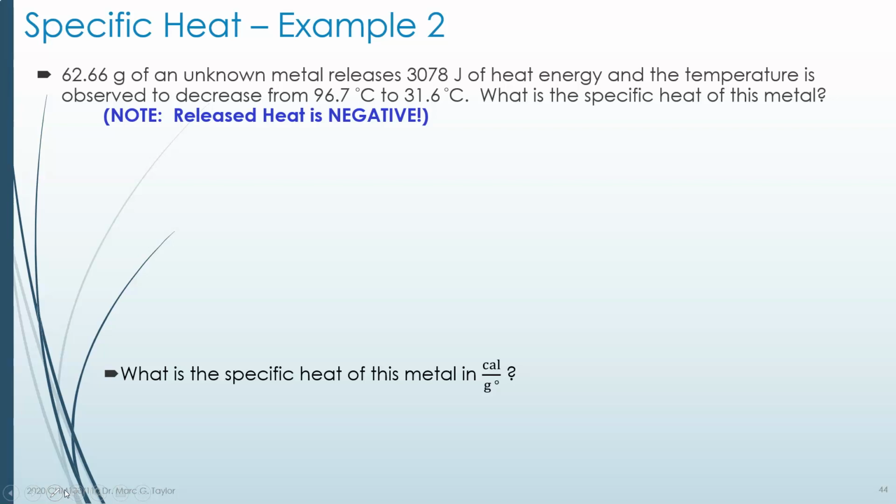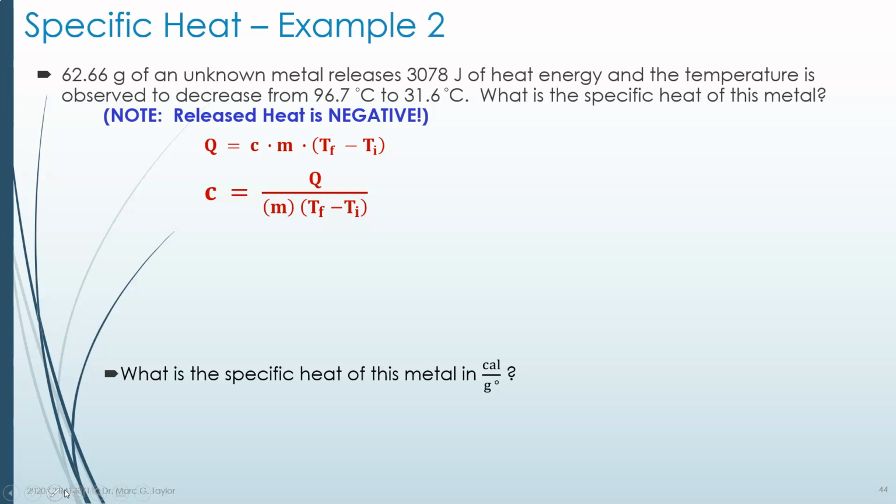So what you know right away is the heat that's released is negative. So don't forget to put a negative sign in there, because your actual heat, the Q, will be negative 3,078 joules, because it's released heat. It's not absorbed heat.